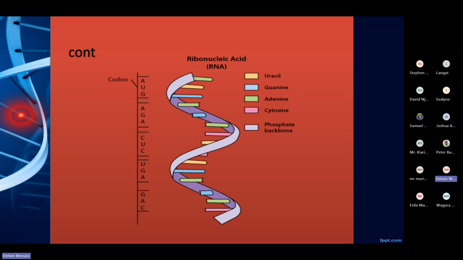Okay. Now, I think I've explained much about that one. So once information is translated, the information from the RNA will be translated by the ribosomes. Remember, it is the ribosomes that will translate the information from the RNA. RNA is carrying the information from the DNA inside the nucleus. So the information on the messenger RNA will be translated by the ribosomes, and therefore it shall be used to assemble the amino acids into specific protein molecules.